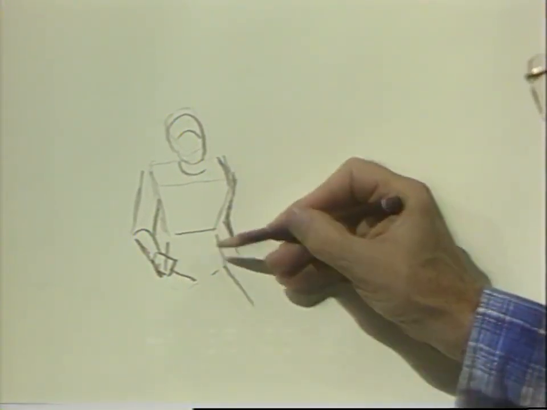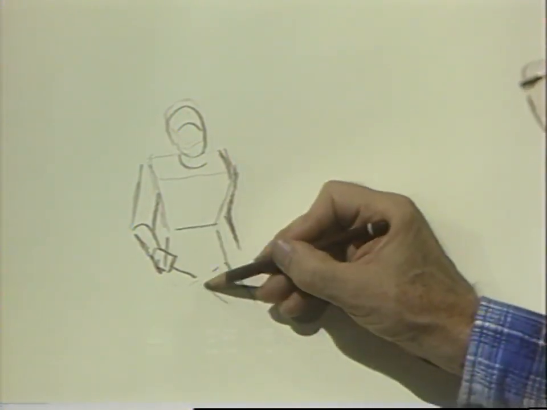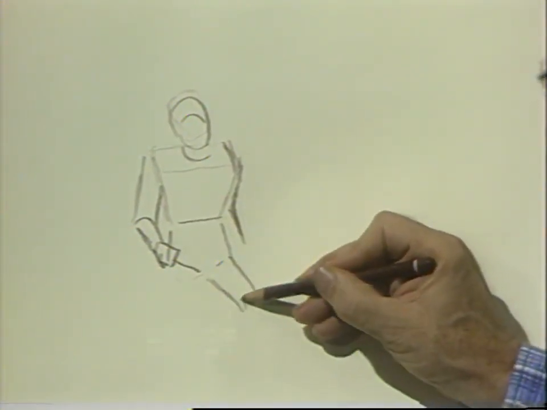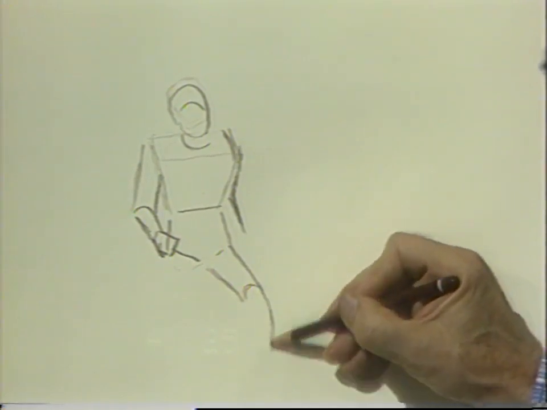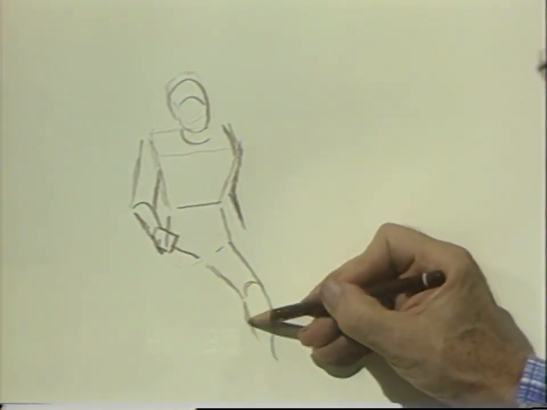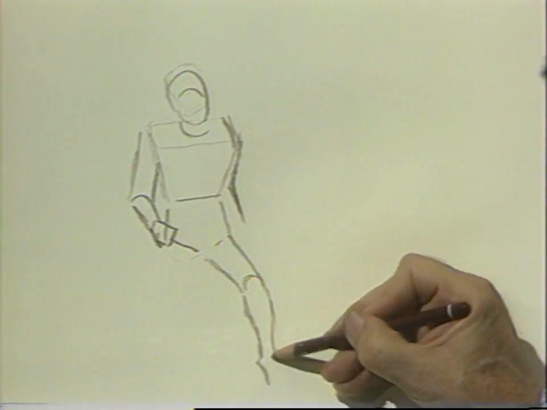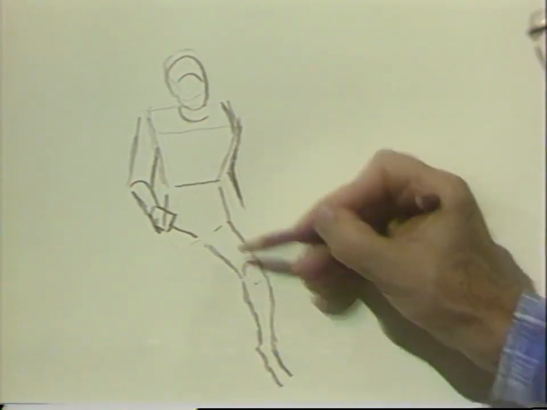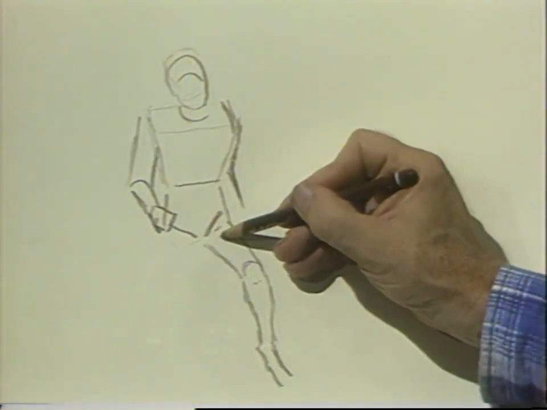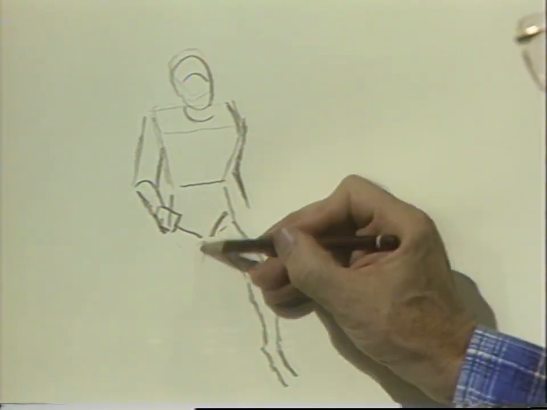Now the upper leg on the opposite side here will be foreshortened because it's toward you, as you saw my leg seated here in my chair. So you'll see a foreshortening, especially here of the upper leg and not so much of this leg.